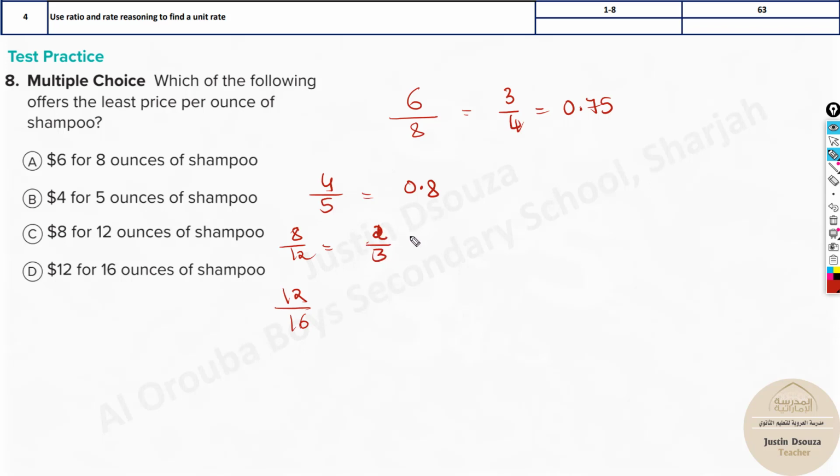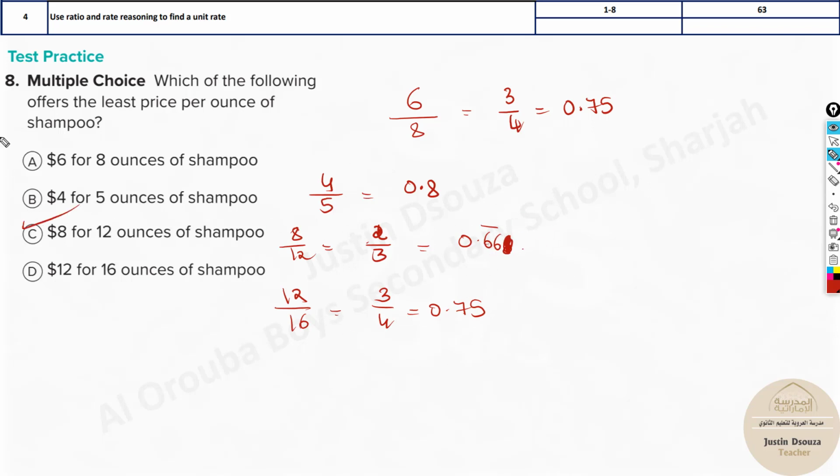What is 2/3? It's 0.666, it keeps on going. Okay, it recurs. We can just write it like that. And lastly, we have table 4, which goes again, 3 by 4. It is 0.75. Now, which is having the lowest fraction?